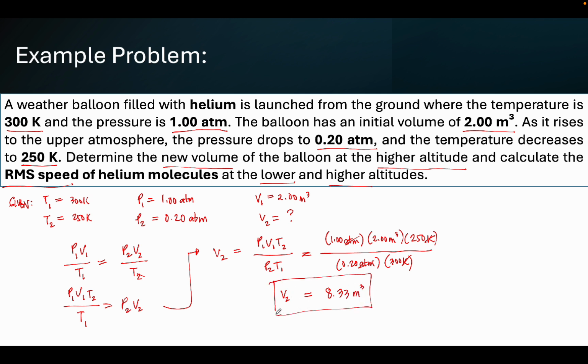So this is the new volume of the balloon at the higher altitude. Okay, so we are done with the final volume. Now we proceed to the root mean square speed, both at lower and higher altitudes. Okay, let's have it here on the next slide.